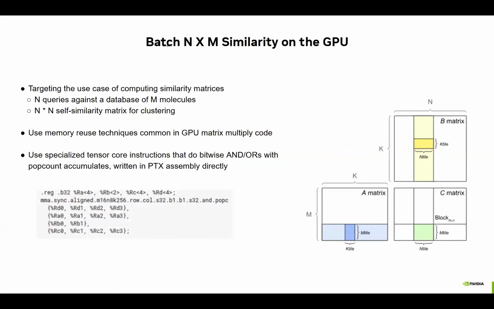So as I mentioned, to take advantage of GPU resources, we need to do things in batch. In this case, the kind of use cases we're targeting are N molecules against M molecules, and the N and M can be the same. One example is if you're trying to do some clustering and you want to use similarity as a metric, you would do self against self, an N by N similarity matrix.